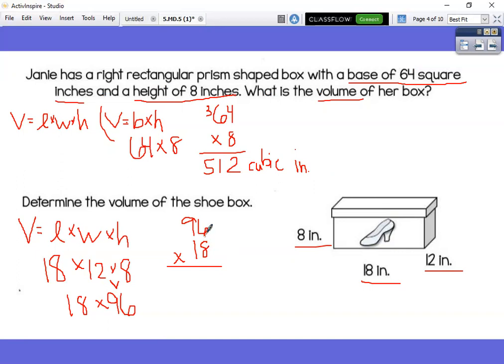I know that 8 times 6 is 48. Now 8 times 90 would be 720. 10 times 6 would be 60. And 10 times 90 would be 900.